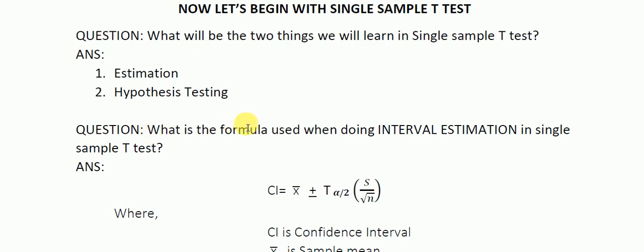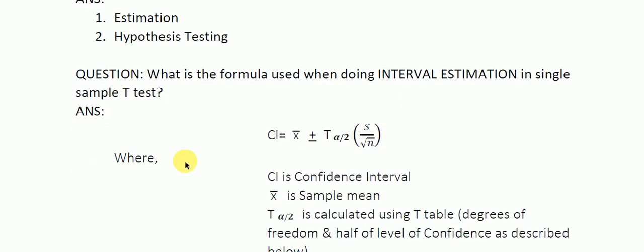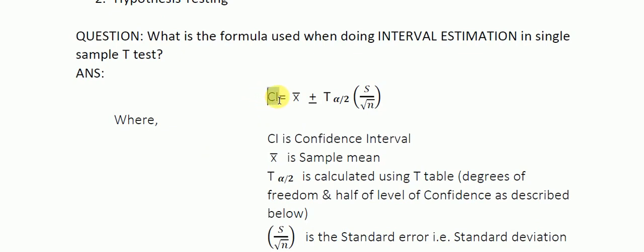So what is the formula used when doing interval estimation in single sample t-test? So confidence interval is equal to x bar plus minus t alpha by 2 into s, which is the standard deviation, divided by under root n.